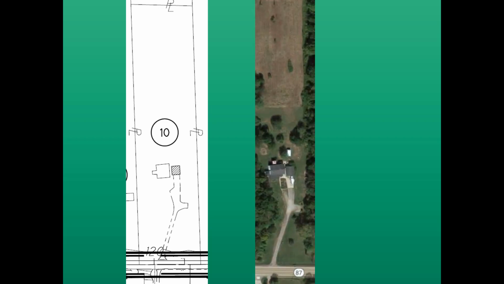And to the right of it is a Google Earth photo of that property map drawing. And the existing right-of-way line is shown as a dashed black line, with the SH taking shown as a solid red line. Again, it's pretty clear that we've got a very small strip taking from this property.